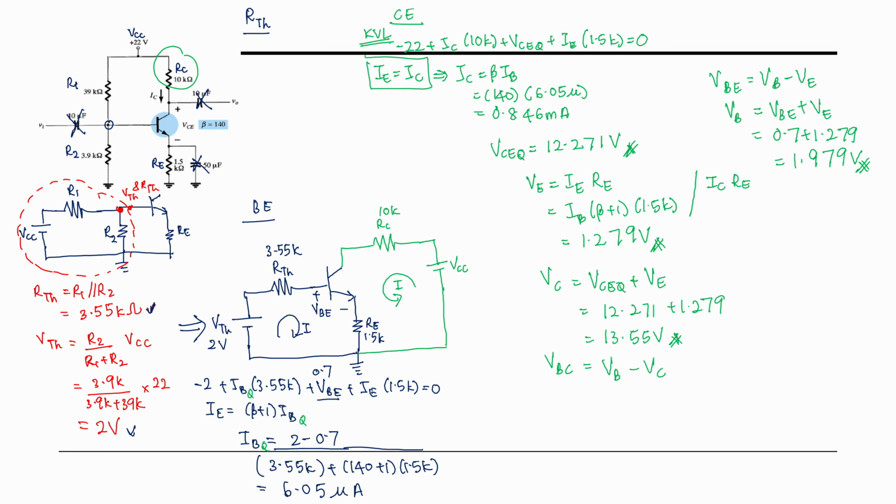This is your VB. So your VBC will be 1.979 minus VC, 13.55. Then you will get your VBC in negative form, 11.571 volts. So this is true because our VBC is always in reverse bias.